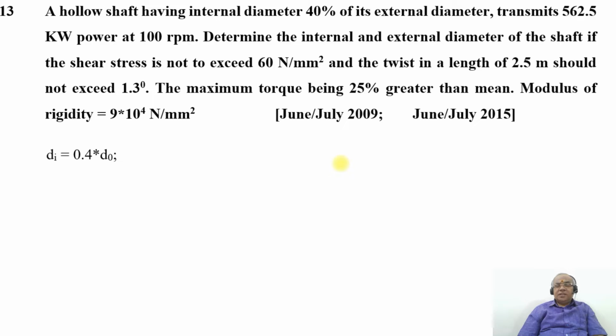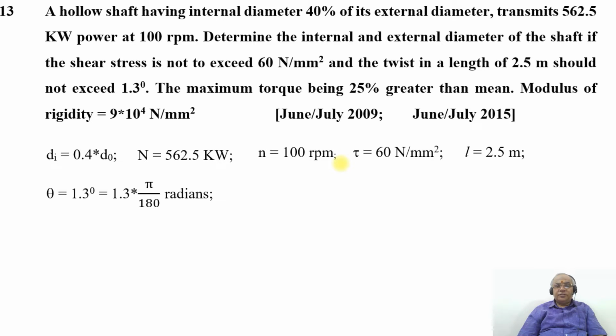He has given the internal diameter is 40% of external diameter, that means 0.4 into d naught. Capital N is 562.5 kilowatt and small n is 100 rpm. Shear stress is not to exceed 60 Newton per mm square, and the twist in a length of 2.5 meters should not exceed 1.3 degrees.